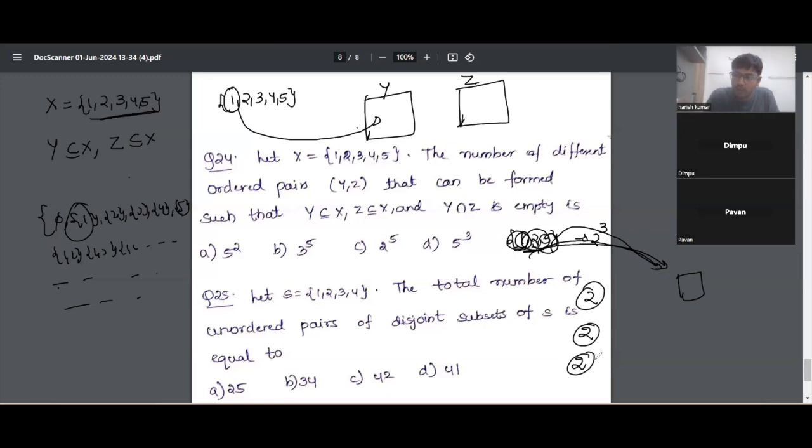This is on an individual basis. In total, how many choices will they have? We simply multiply 2 into 2 into 2, so that's the reason we get 2 to the power 3, which is 8. Clear? So this is how we get the number of subsets formula as 2 to the power n.